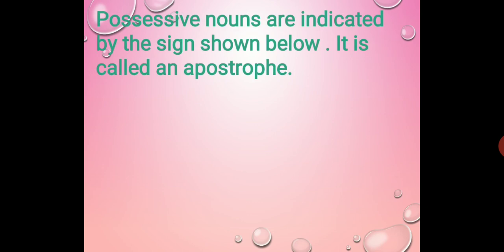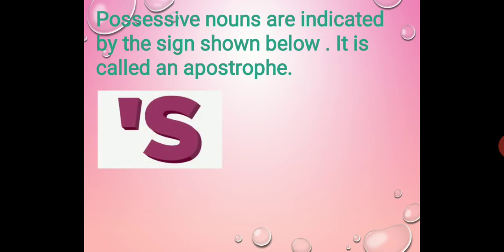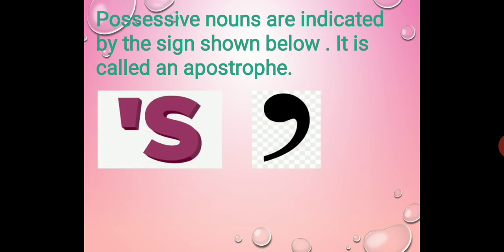Possessive nouns are indicated by the sign shown below. It is called an apostrophe. Look here. In the second picture, the sign is an apostrophe sign.